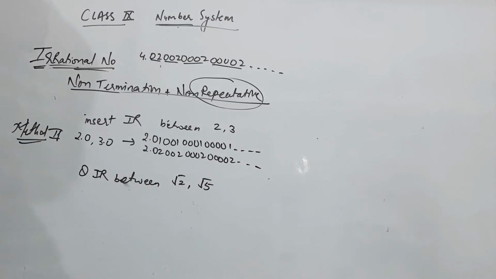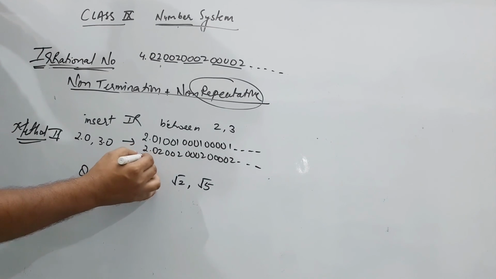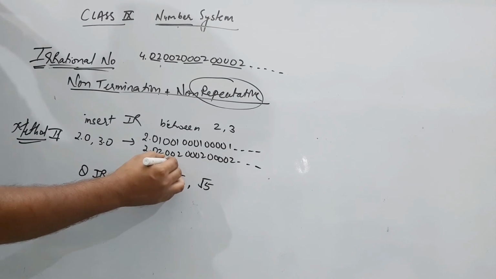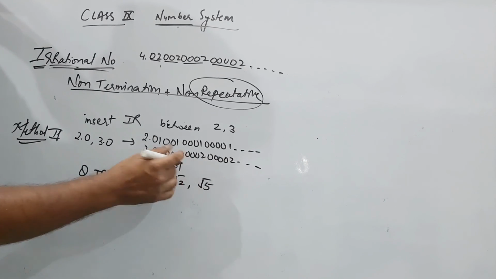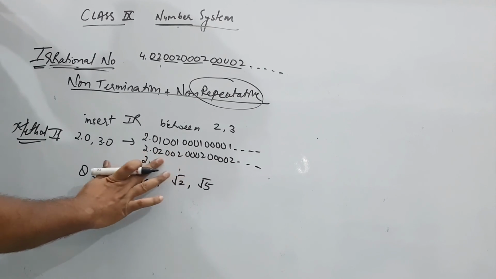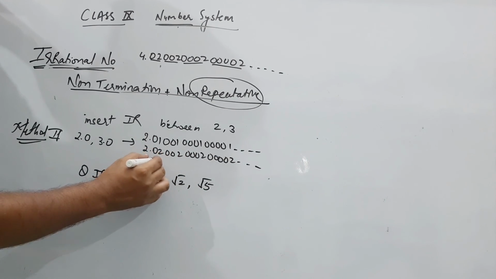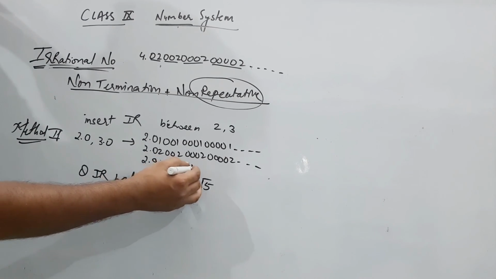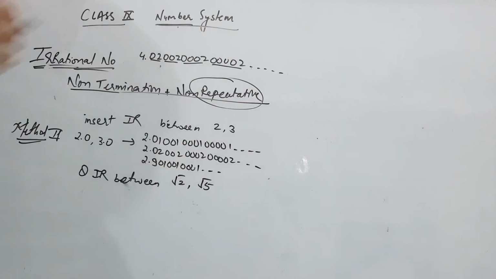Suppose you have to find 10, 20, so you can also increase like this, 0.1, 01, 0001, or something like 2.9 and then 01, 0001. That is never going to repeat.